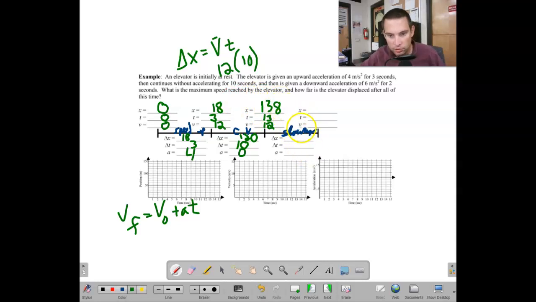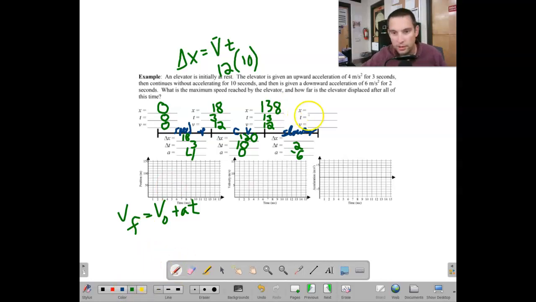Let's move on to slowing. We have a downward acceleration, so we have a negative 6 meters per second squared for 2 seconds. So if we are decelerating, that means we're going to come to rest again, right?